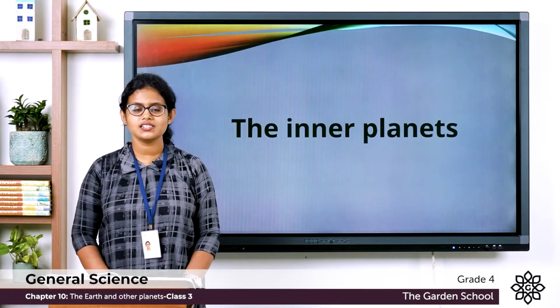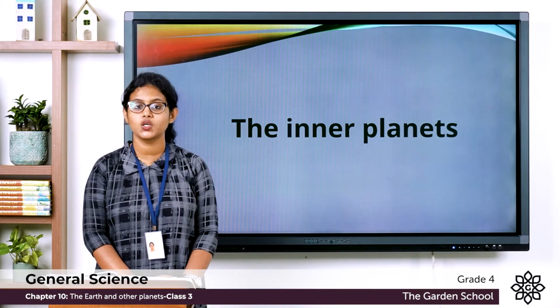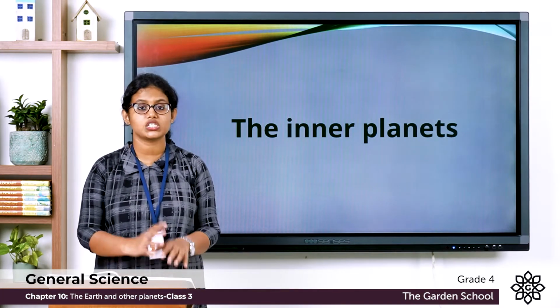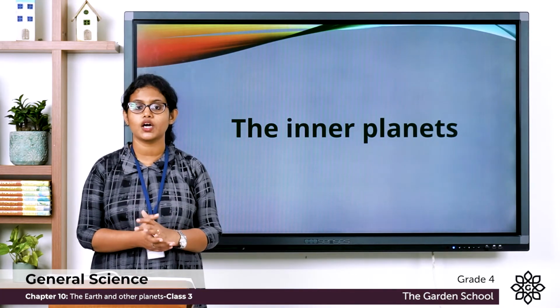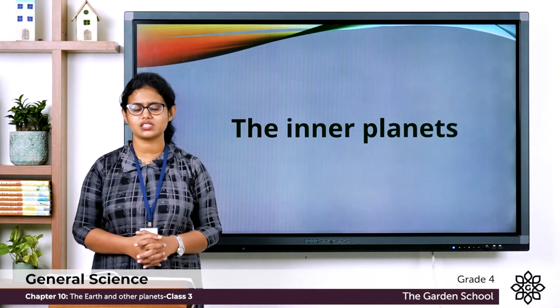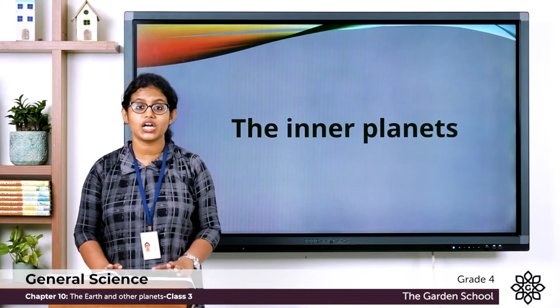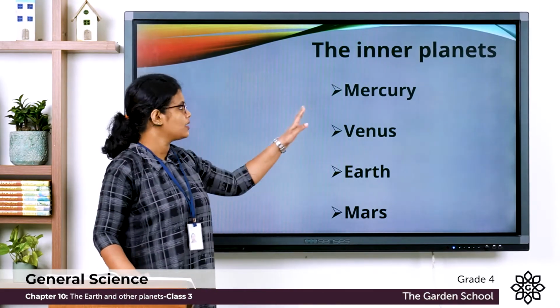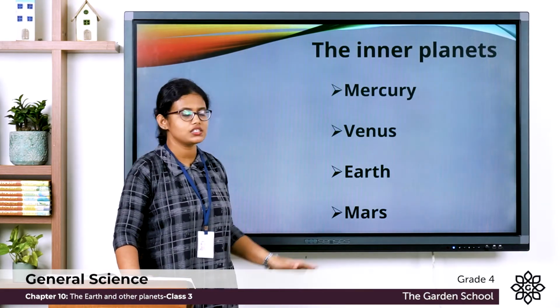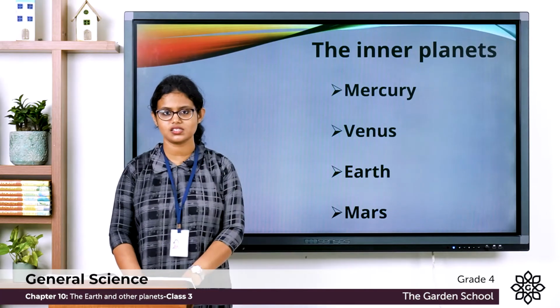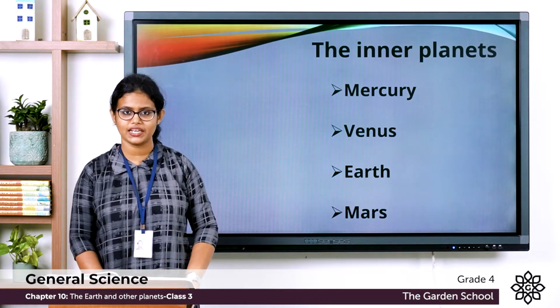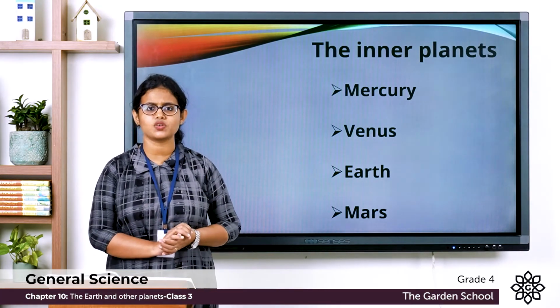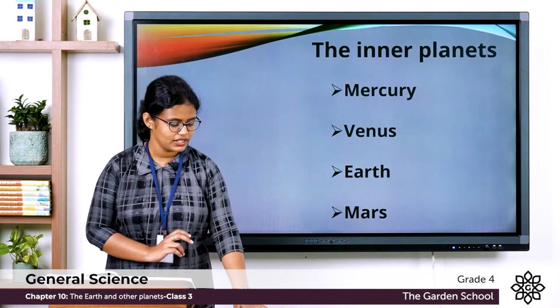The inner planets are planets that are closer to the sun, which are smaller in size, and they are all made up of rocks. Do you know which are the inner planets? The inner planets are Mercury, Venus, Earth and Mars. So let's discuss them one by one.